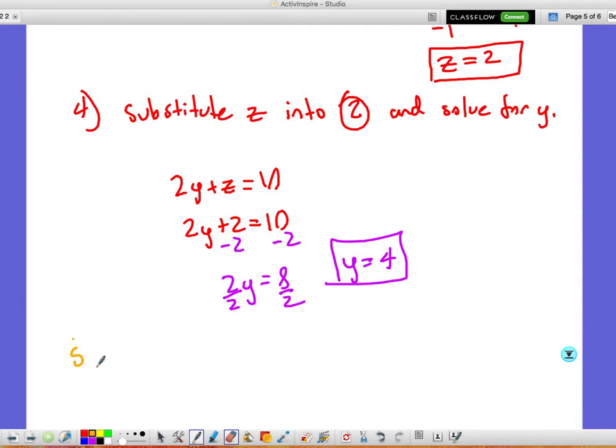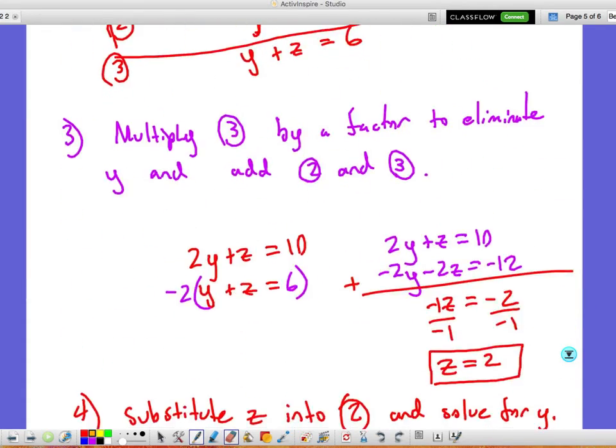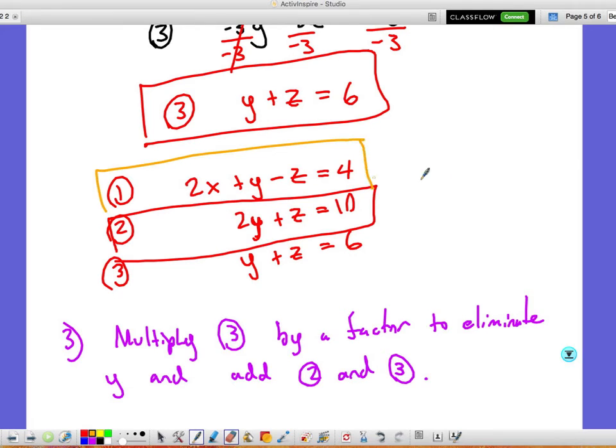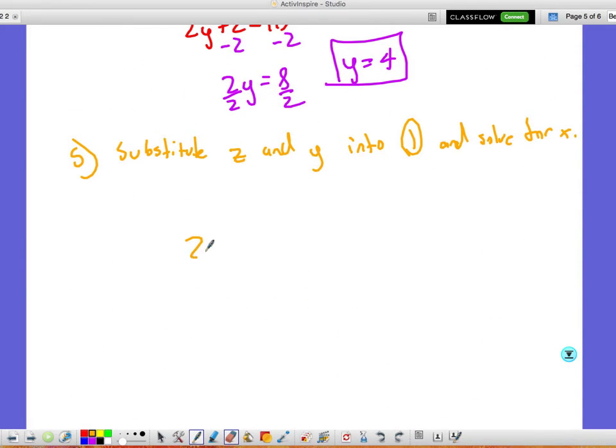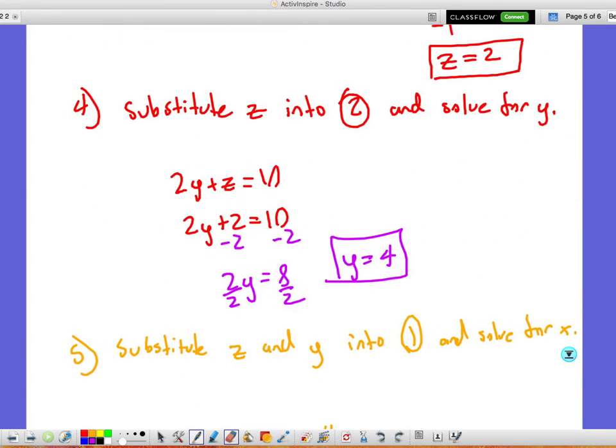So finally, the last step is to substitute z and y into the first equation and solve for x. So my very first equation, here it is, 2x plus y minus z is equal to 4. We go ahead and substitute in y as 4 and z as 2.